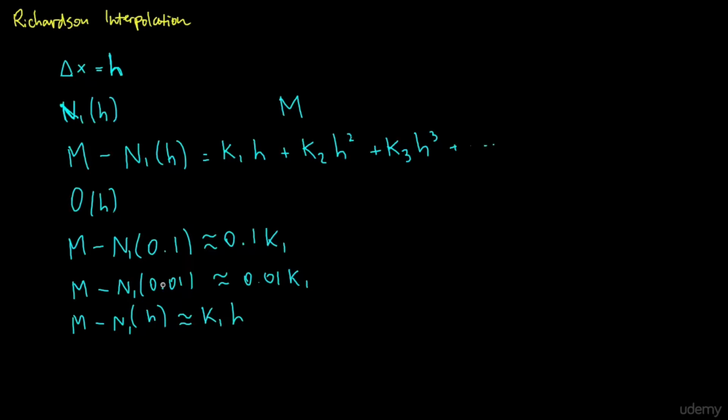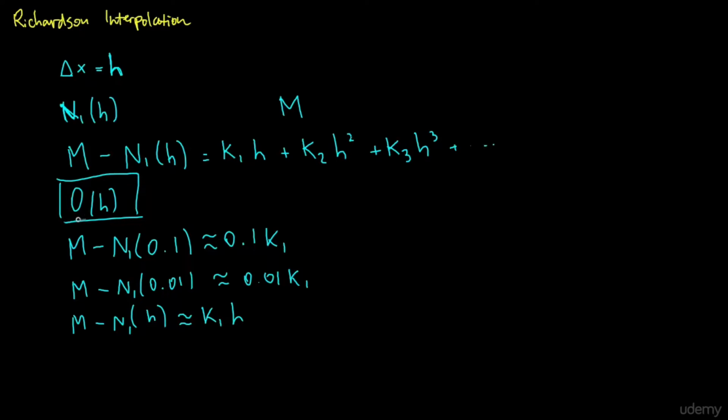So now our goal is to find an easy way to combine all these rather inaccurate approximations. We have a bunch of approximations which are all O of h, on the order of the subdivision that we're making, and we want to combine these approximations in a way that produces a formula with a higher order truncation error.